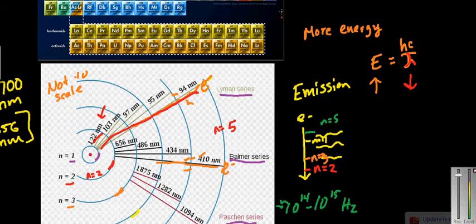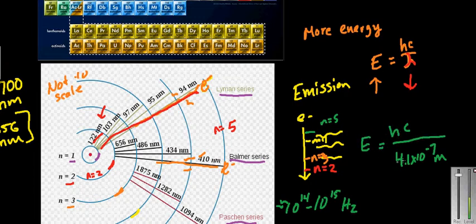And if you didn't believe me, you said, "Oh, I don't think that's right," you could test it. You can take 410 nanometers, which would be 4.1 times 10 to the -7th meters, and put it into this equation, and you can see how much energy is being released.